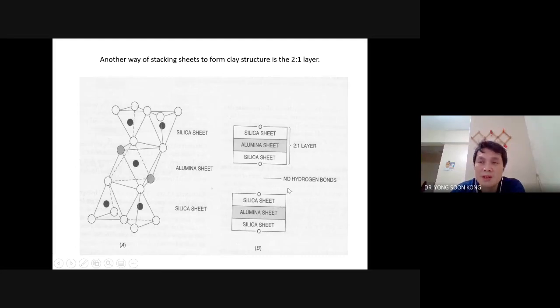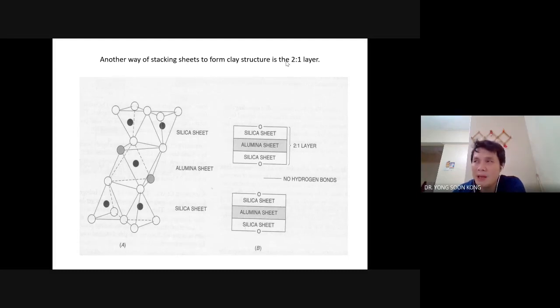So they're not only not going to come close together, they might repel as far as possible. And because of this repulsion, any clay under the 2-1 layer system usually will form a suspension in water.